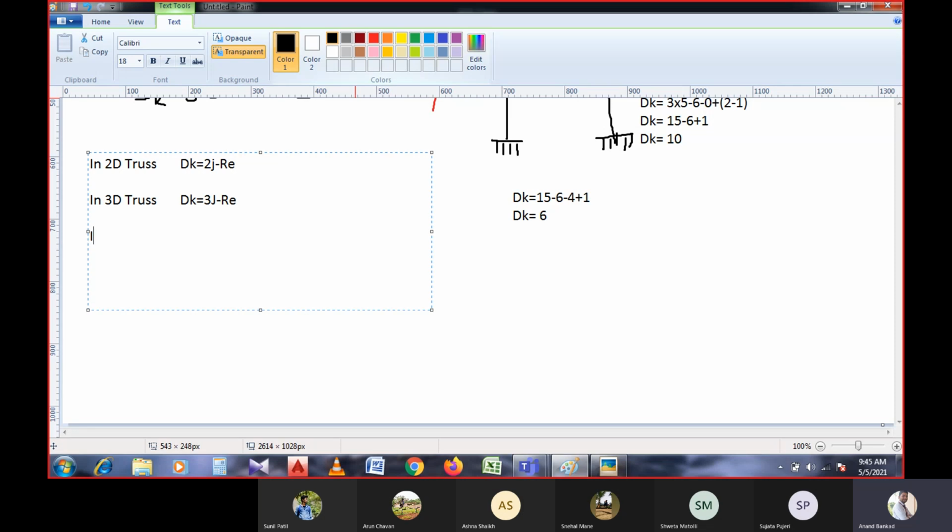And in 2D beam or frame, if you consider the DK value to calculate, this is three degrees of freedom at each joint, 3j, minus we have to deduct the external reactions, and at the same time we have to deduct the members.